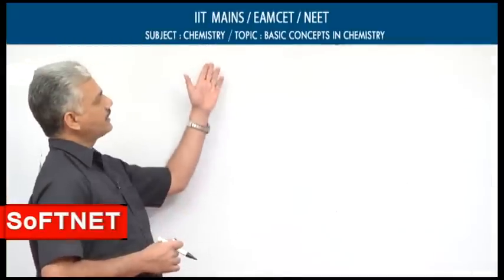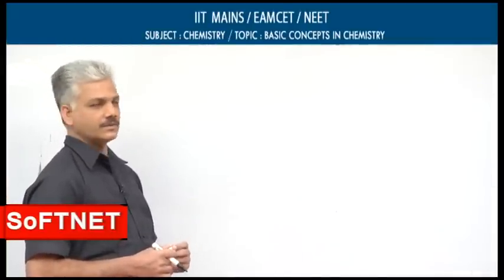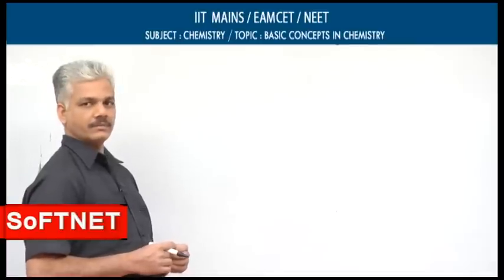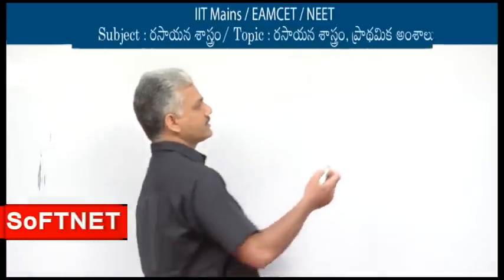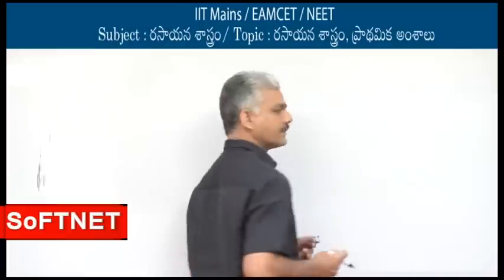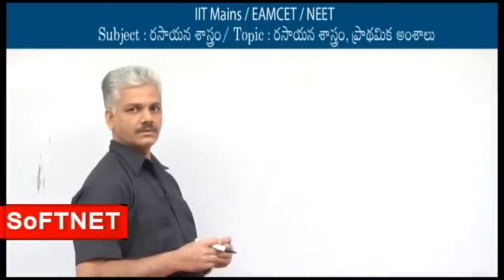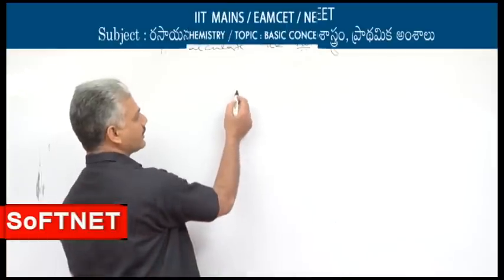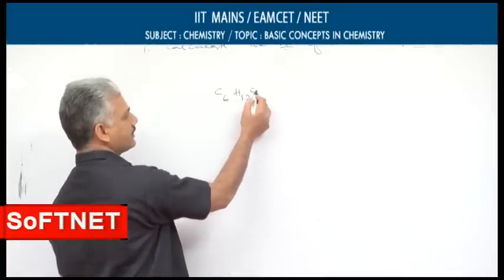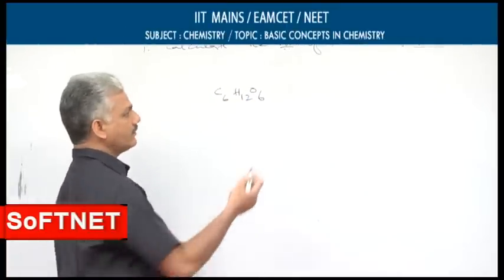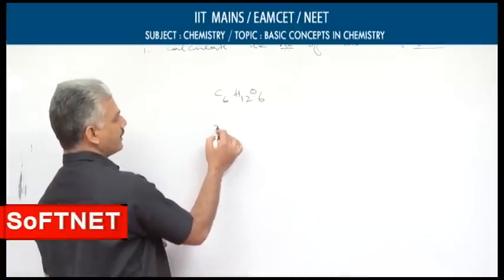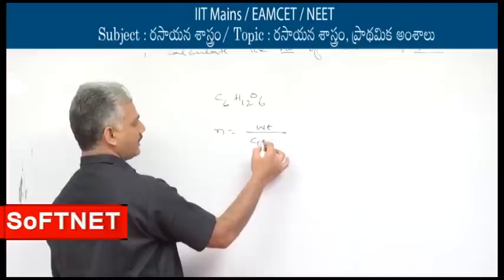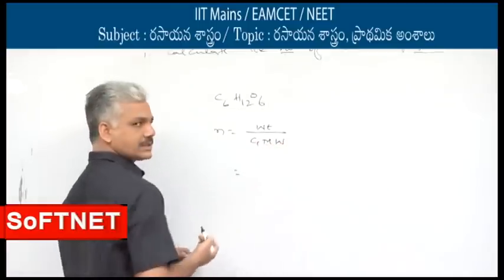For example, calculate the number of moles of glucose present in 540 grams. When a problem comes like this, we have to check what type of substance is given. Glucose comes under the category of compound with the molecular formula C6H12O6. So, for compounds, number of moles is calculated by using the relation weight by gram molecular weight.